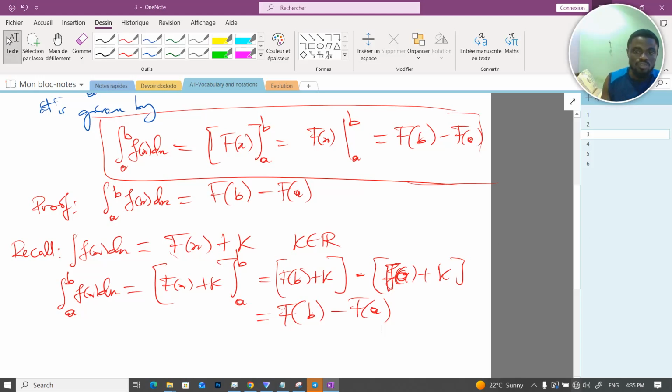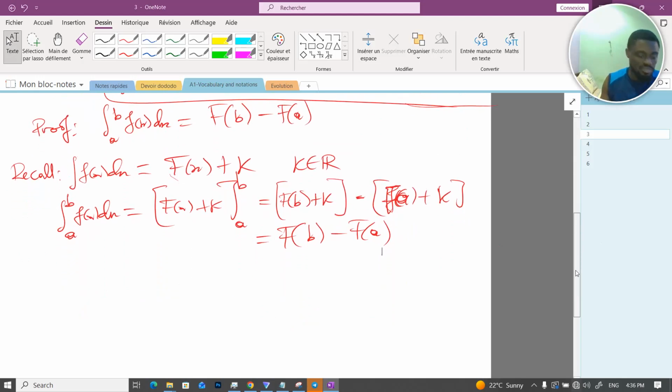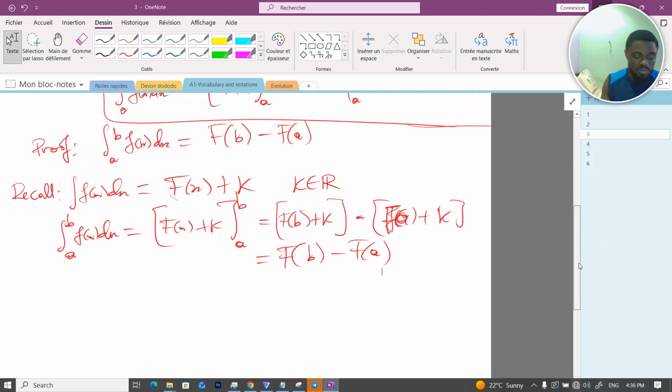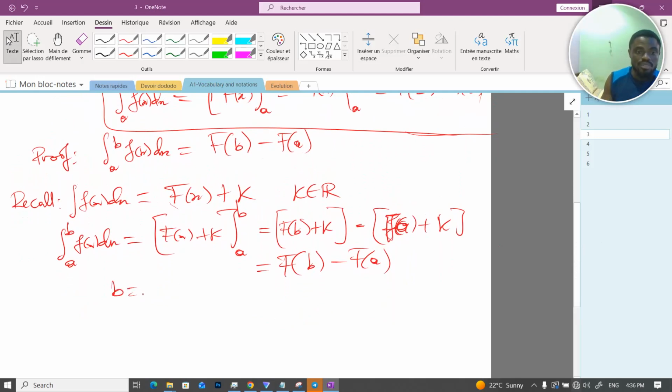So, that was basically what you needed to know in terms of this. B is called the upper bound, or upper limit. And a is termed the lower bound or lower limit. Tu vois un peu.